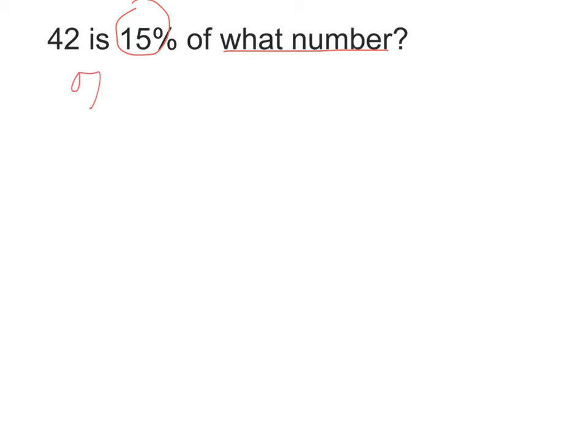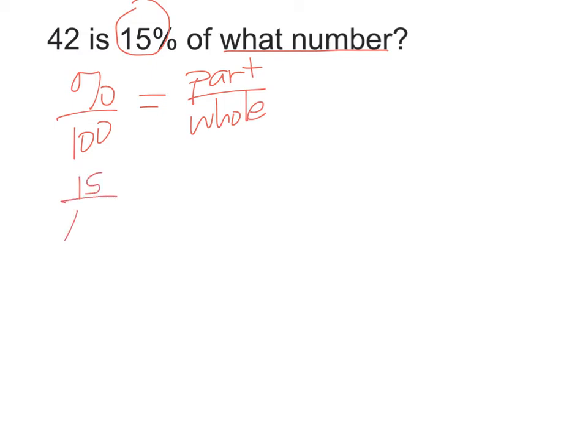So here's our universal percent proportion. Percent over 100 equals part over whole. So putting in our numbers, we have 15 over 100 equals 42 over x.